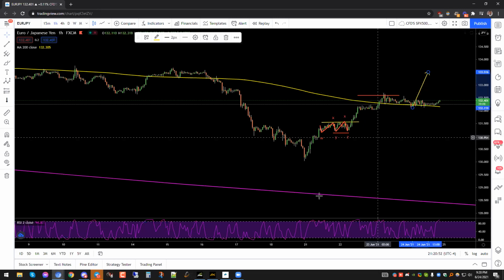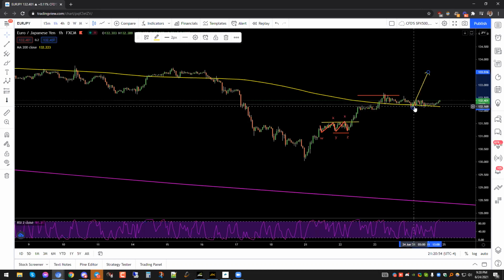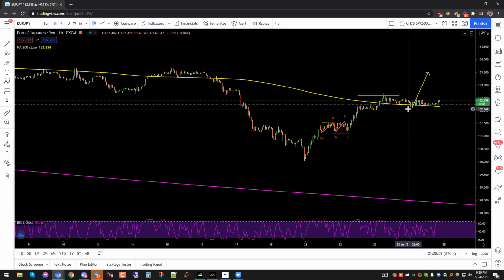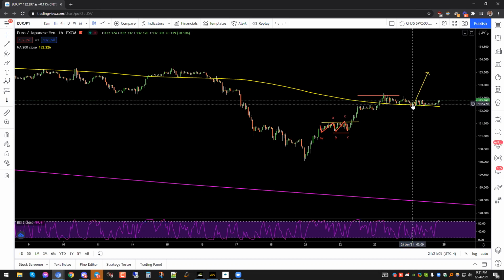Okay, so looking to enter at this point, my entry would be right here. This area would be my area of entry, especially if I saw this nice green candle. Now, for those of you who understand sniper entries, which is another class that I taught earlier on, you would want to look at the best times to get into the market.